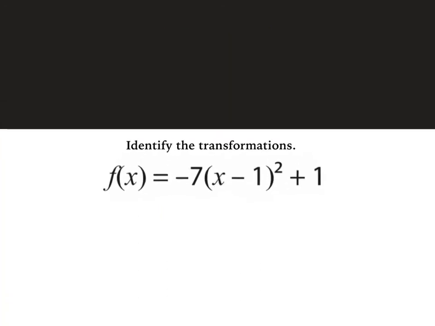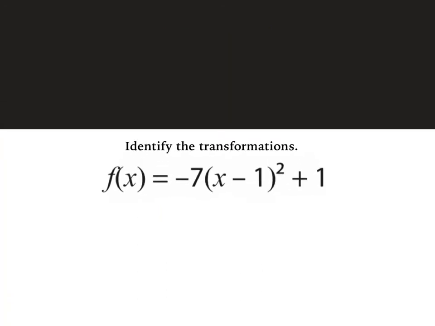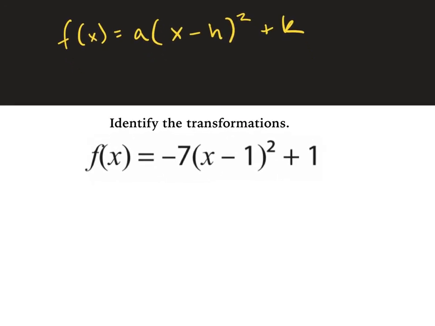All right, again, I'm going to write the vertex form at the top. So we have f of x is equal to a times x minus h squared plus k. Do we have an a here? Anything being multiplied out front? Yeah, so we have this -7. What does the negative tell us?